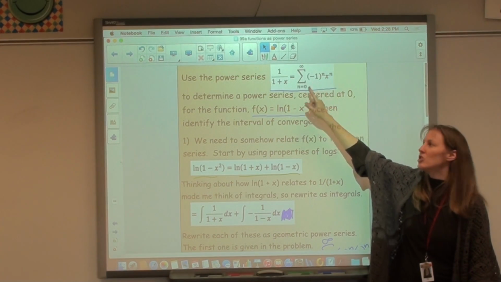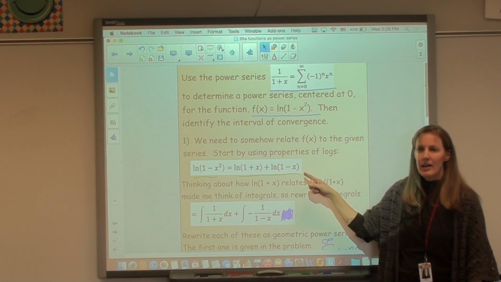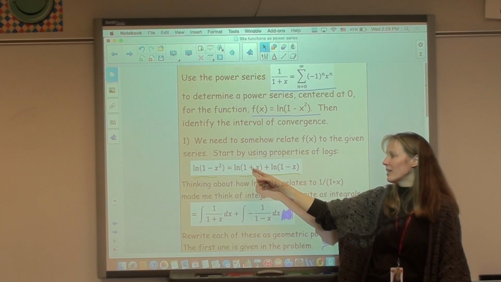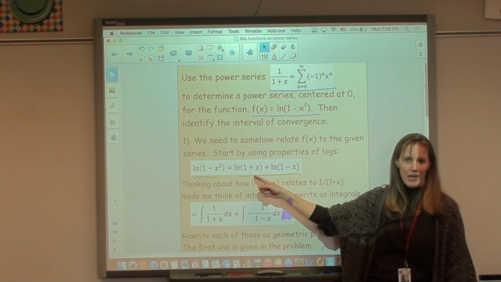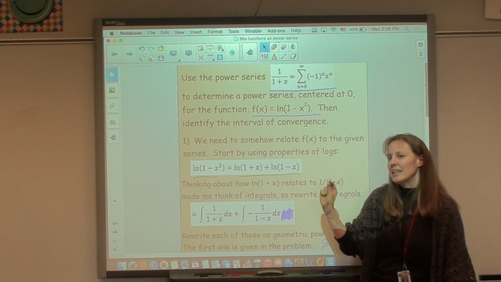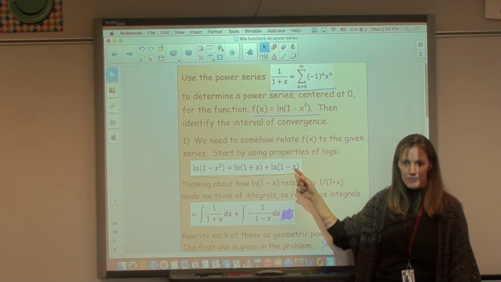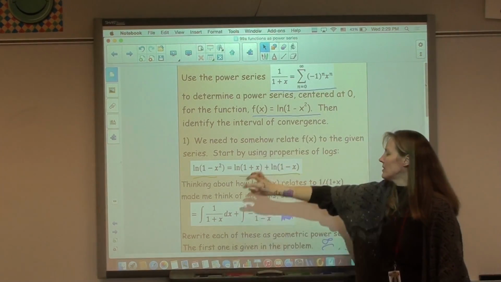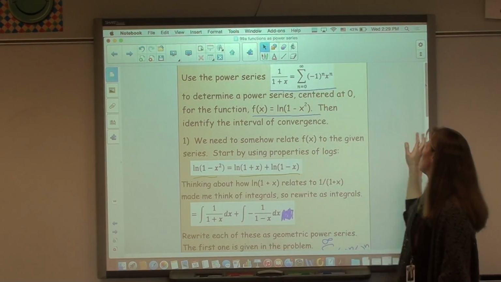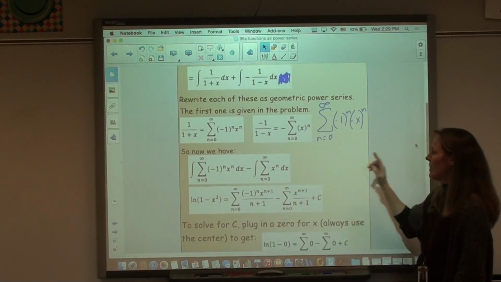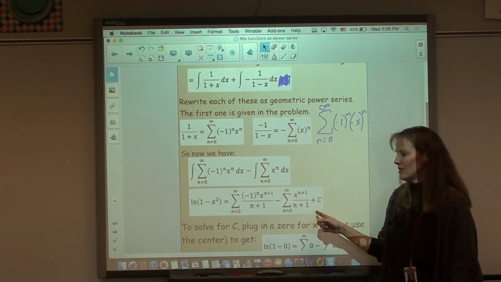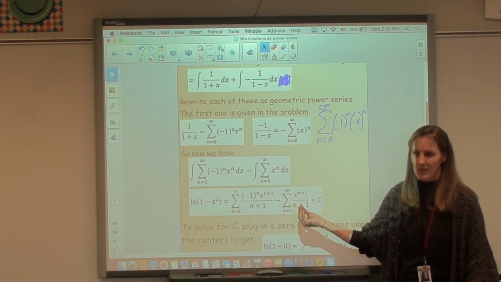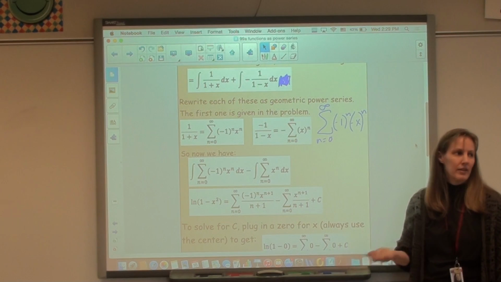In order to just get started, we broke up the log, and then we saw, oh, look at that. If we took the integral of this, we'd get that, right? And I can modify just a little bit to also get that one. So then we've got our integrals, we replaced the expressions with their series, and then actually integrated the series. And then the only other thing we had to do was combine them, and then we got our final and solved for C.